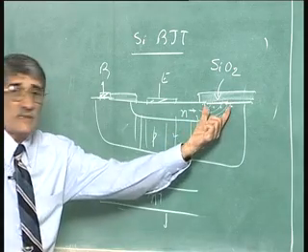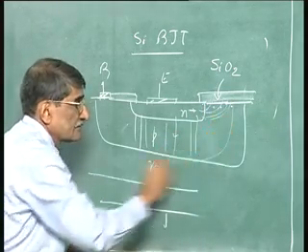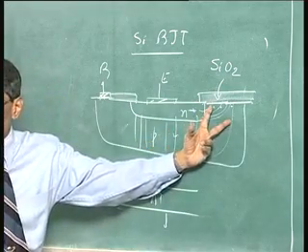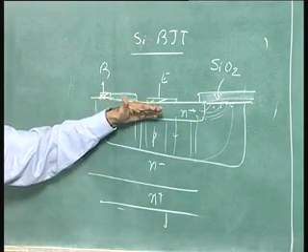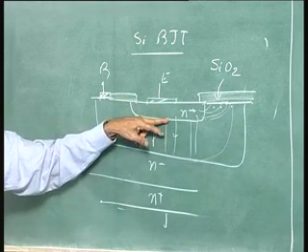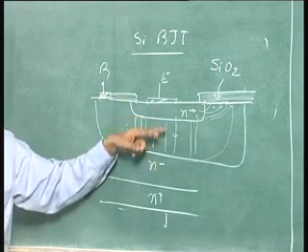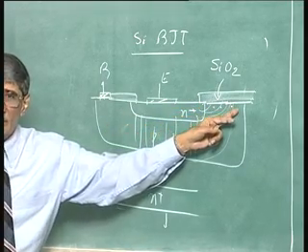The width up to which it will be reaching will be practically equal to that width. So, I can say that carrier concentration decays from a large number, let us say it is normalized as 1 here, 1 to 0 here, or Np0 to 0. Similarly, here it decays from Np0 to 0.